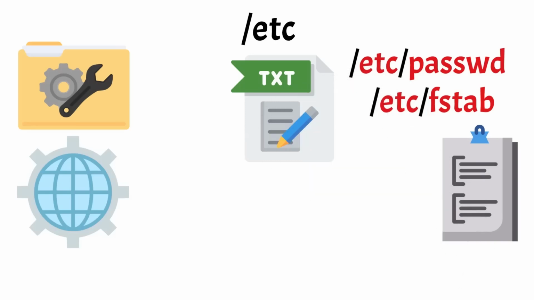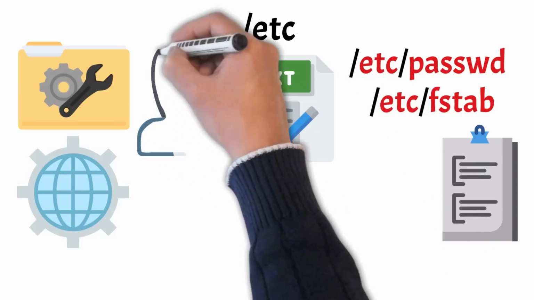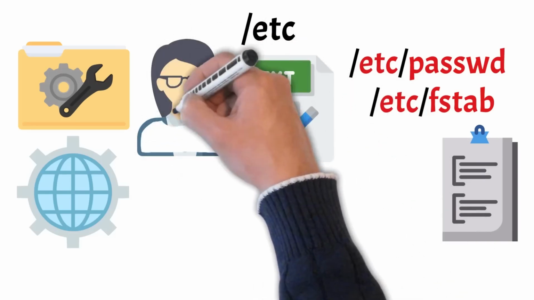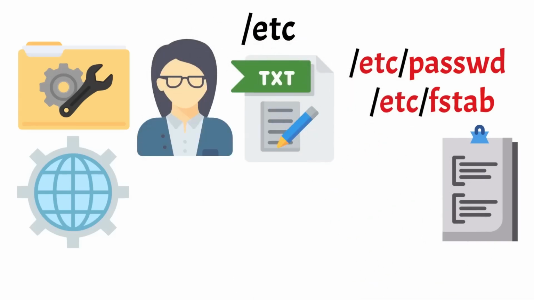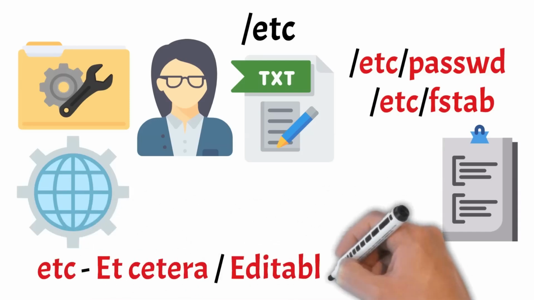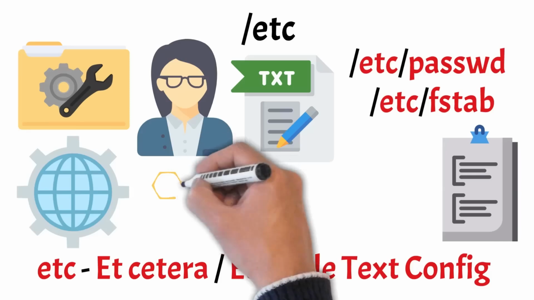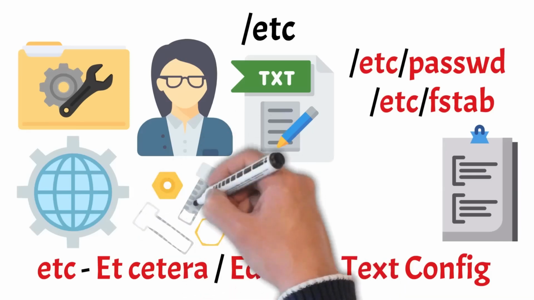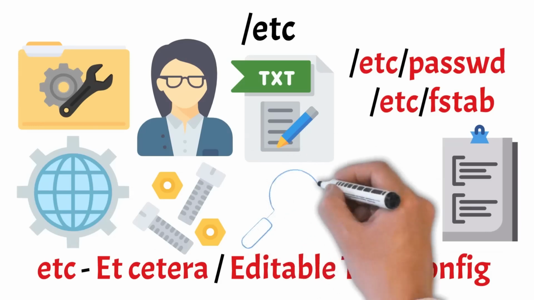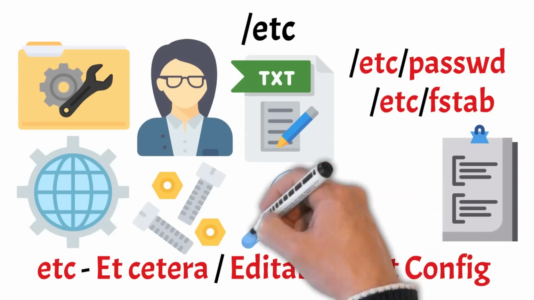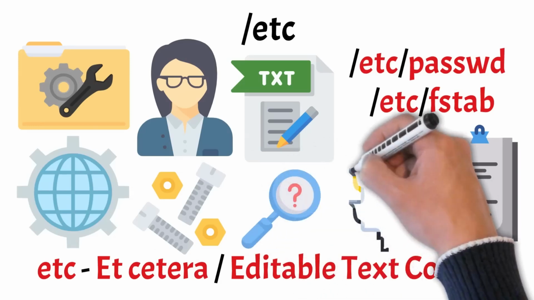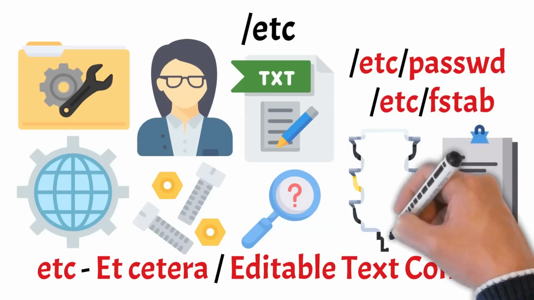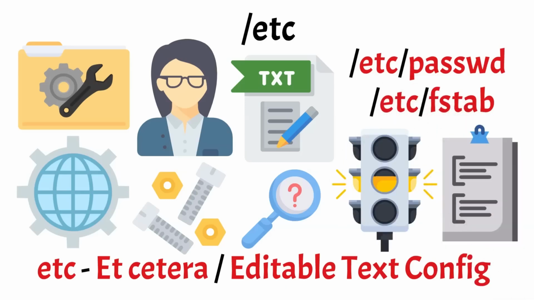Most of these are plaintext files, designed to be readable and editable by system administrators. The name etc originally stood for et cetera, but some like to think of it as editable text configuration. Either way, it's a vital part of system management. While it's worth exploring to understand how Linux works under the hood, changes here should always be made carefully, since they can affect how the entire system behaves.